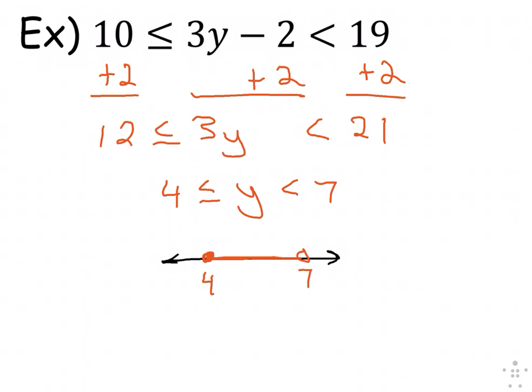And y is physically between the 4 and the 7, where we use a closed dot to show inclusion of the 4 and an open circle to show that 7 is a boundary that is not included. So this is our correct writing of the compound and inequality, the conjunction, and this is the correct graph on the number line.